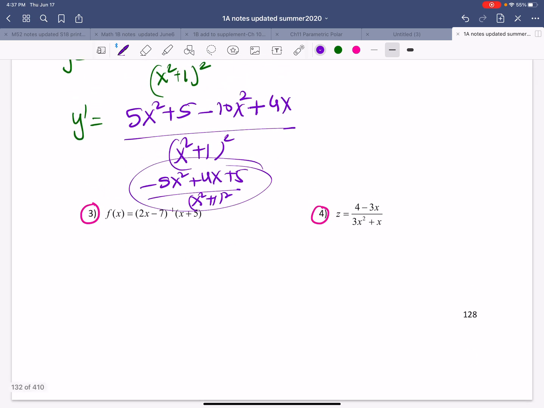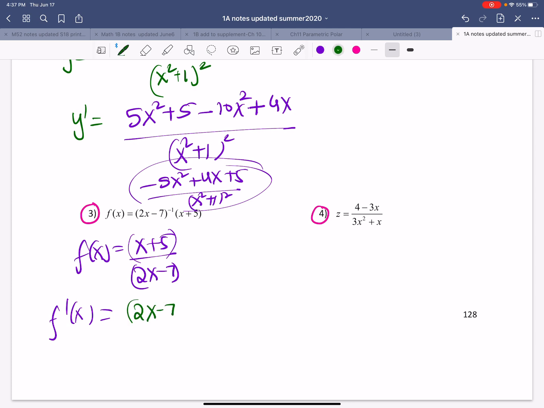Next, we have (2x minus 7) raised to the negative first power. So raised to the negative first power means I can rewrite it as x plus 5 over 2x minus 7. And now I can go ahead and do f prime of x, which is low d high minus high d low over low low. So lower term times derivative of higher term minus higher term times derivative of lower term, divided by lower term times lower term.